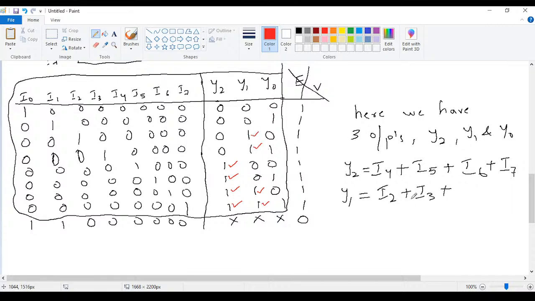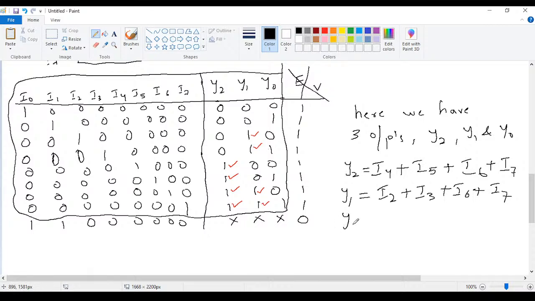When will y1 be equal to 1? When I3 equal to 1, or when I6 equal to 1, or I7 equal to 1. This is what we can write.